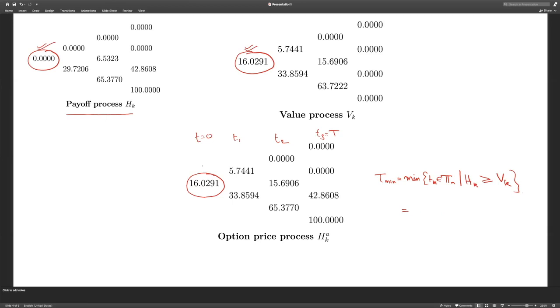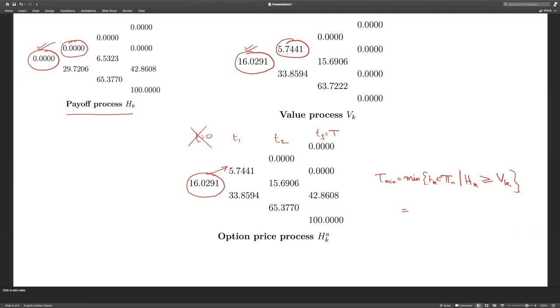Therefore, t equal to 0 will not be the minimum exercise time. It means the holder will not prefer to exercise the option at t equal to 0. So he will carry over the position to T1. Let us see if the stock had gone up during this period, then your value would have been taken as the maximum between this value and this value.